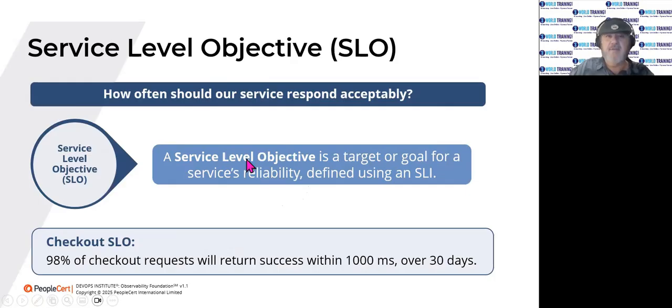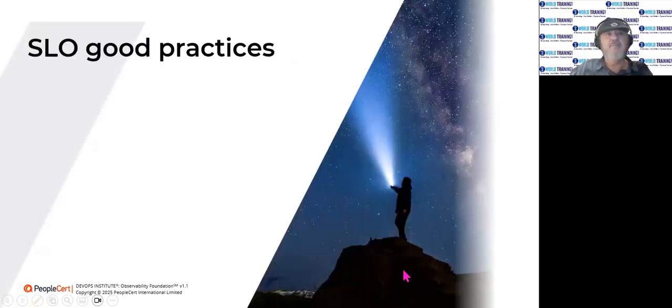There's a long list of possible reliability things that could be objectives, depending on what makes the most sense for your particular service. An example for a checkout: 98% of checkout requests will return success within 100 milliseconds over 30 days. And that's an important point. SLOs usually have a time boundary. So if you miss an SLO one month, or whatever your time period is, you can get back on track next period by making some improvements.